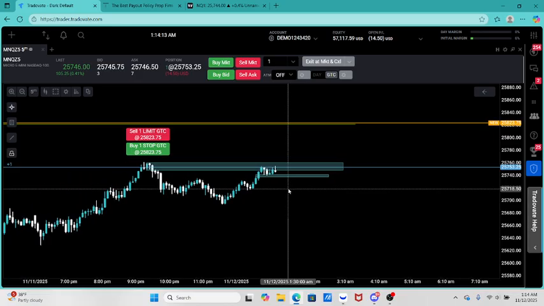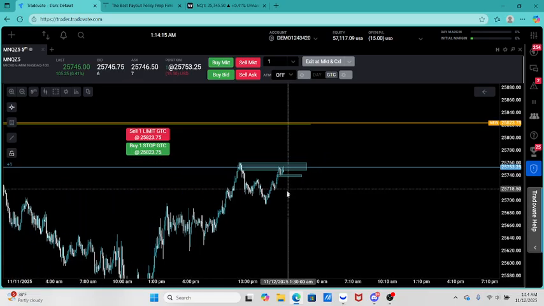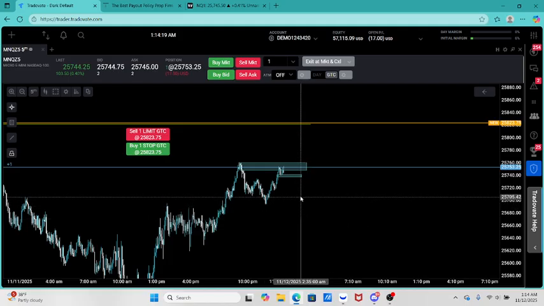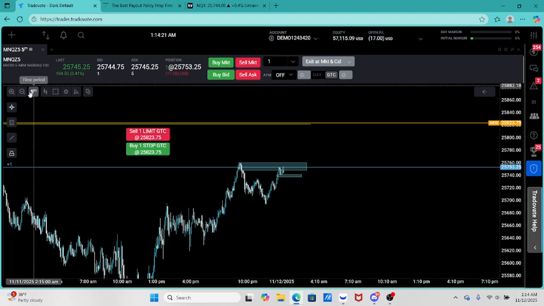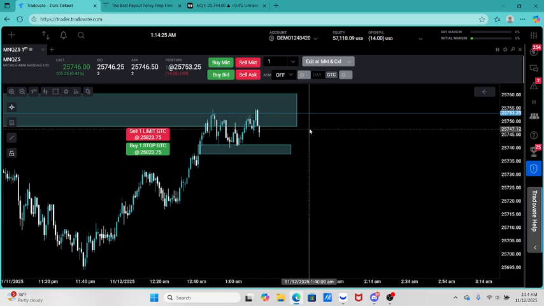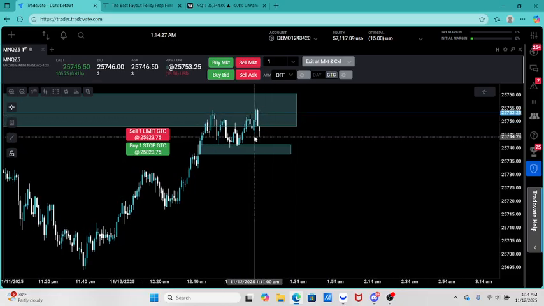So we could have one small flush down before a move up. That would be crazy. And this is why I only entered with one single contract right there.